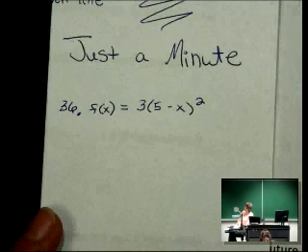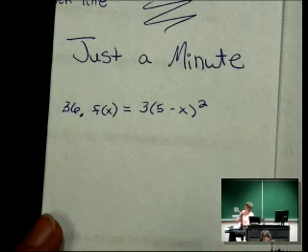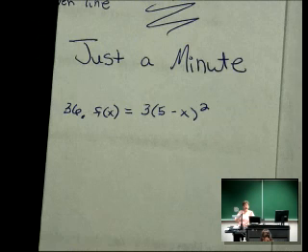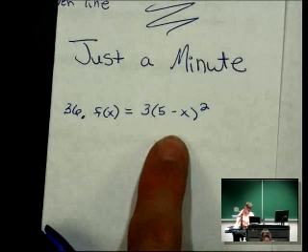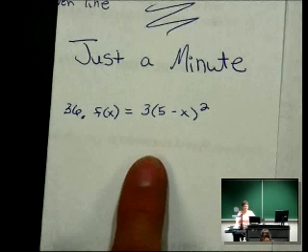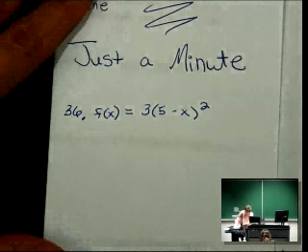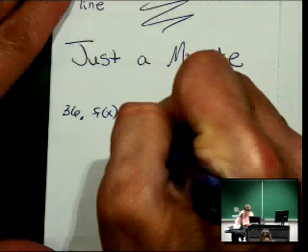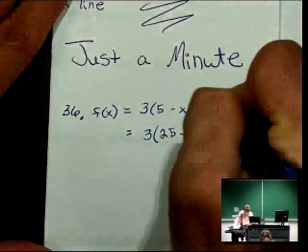It's tempting just to bring that 2 out front and then subtract 1 from the 2, but the power rule only applies to x to a power. Is this just x to a power? No, it's not. How could I write it as a sum of terms of x to a power? I have to multiply it out and then distribute the 3. So that's 3 times (25 minus 10x plus x squared).